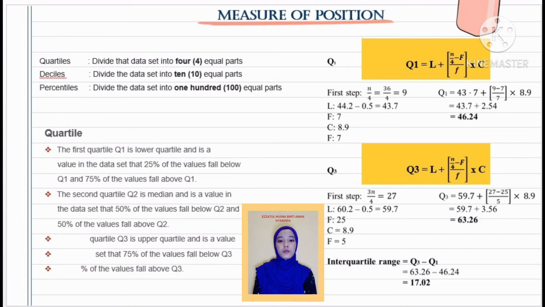First step is 3n divided by 4 equals 27. L, the lower boundary of the class interval, is 60.2 minus 0.5 equals 59.7, and for the F, the frequency for the class before is 25.